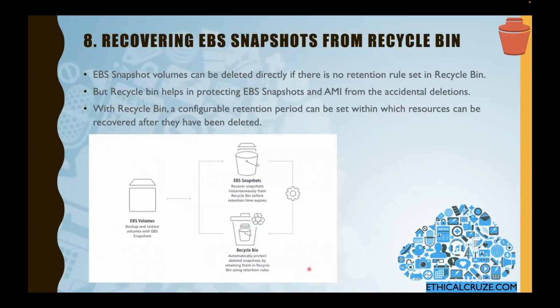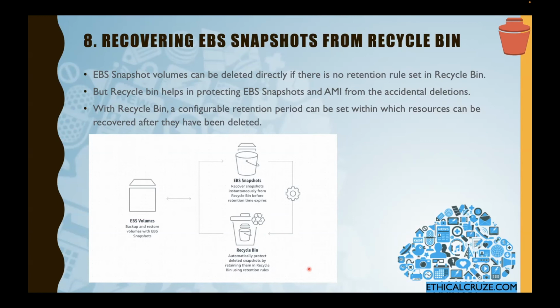Next is recovering EBS snapshots from the recycle bin. We can also delete the snapshots we create, but Amazon provides a very useful feature called the recycle bin. If we accidentally delete our EBS snapshots or AMIs, then with a retention rule set in the recycle bin, we can save ourselves from accidental deletion.